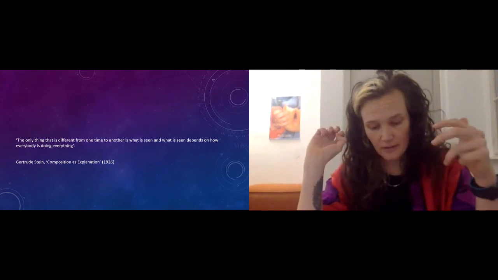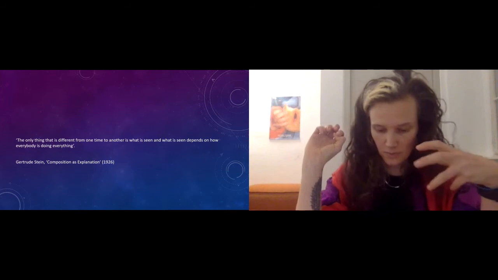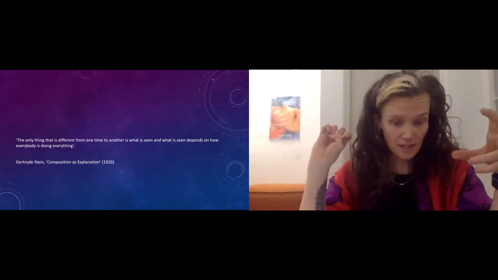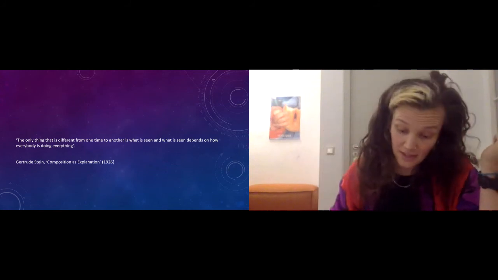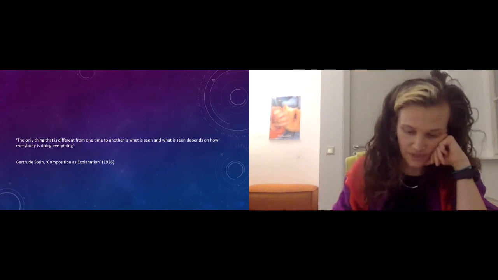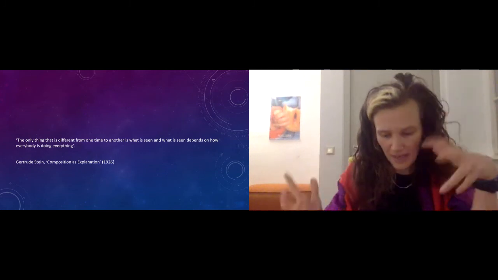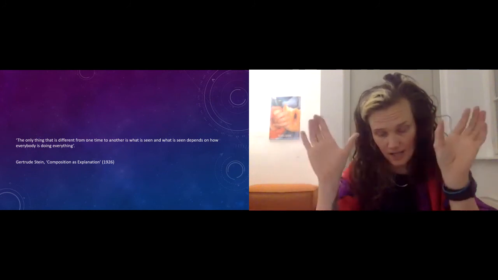This in turn heralds the shift itself from explanation, which would be generally understood as syntagmatic, to composition, which is not strictly paradigmatic, but suggests a more spatialized type of arrangement. So I'm suggesting that Stein's entire piece can be encapsulated in this title.